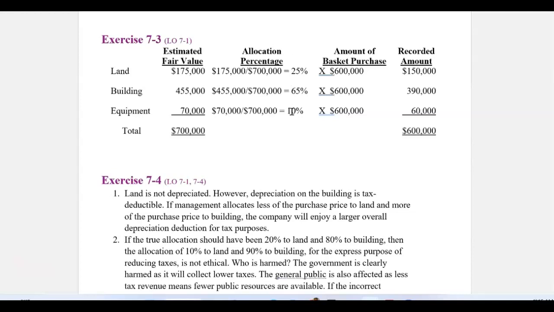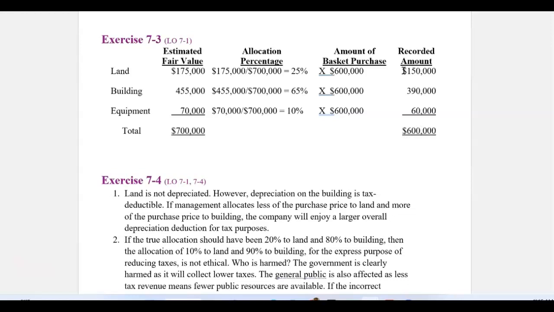So far, so good. So 25% of 600, that's $150,000. 65% of 600 basket purchase is $390. 10% of 600 basket purchase is only 60. Add them up, that's 600. That's exactly what we are paying.